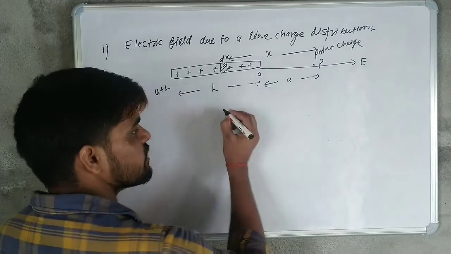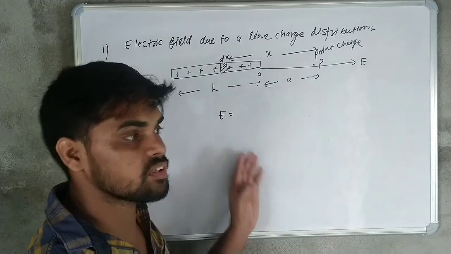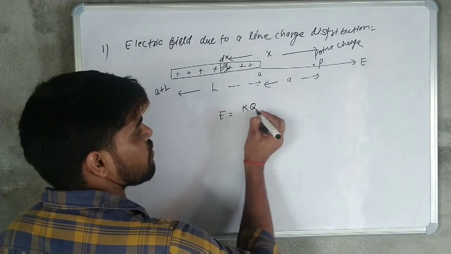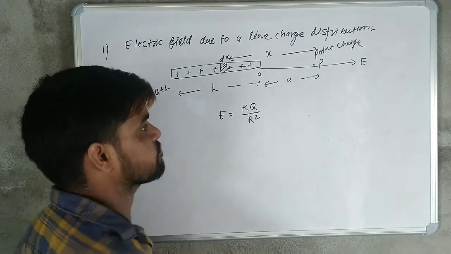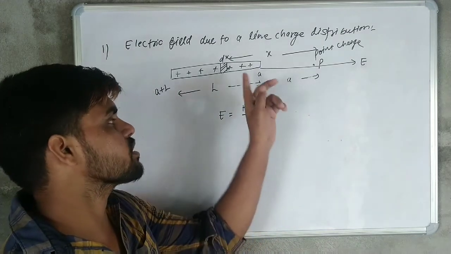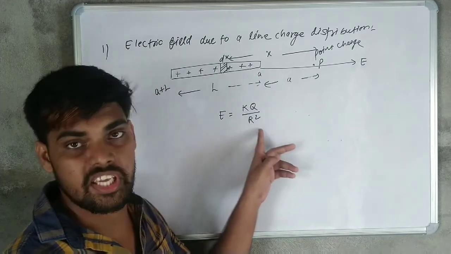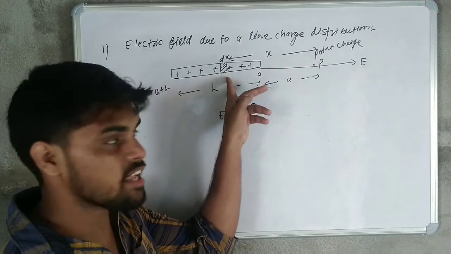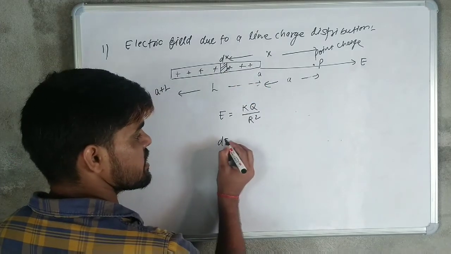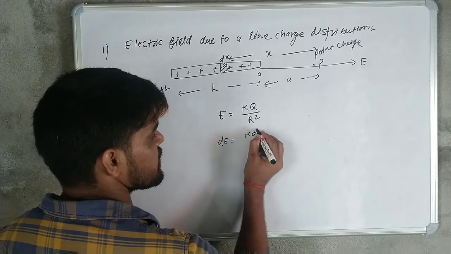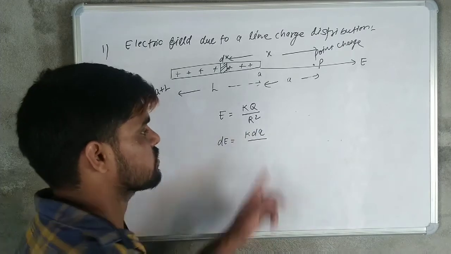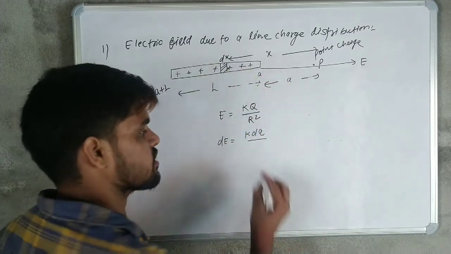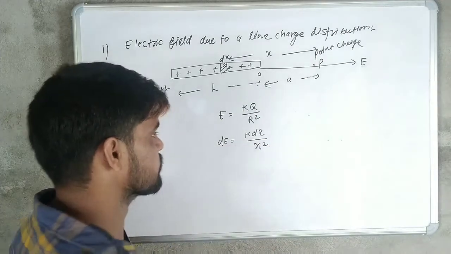The electric field at any point is kq upon r square, so the electric field due to this small element will be dE is equal to k dq upon x square.